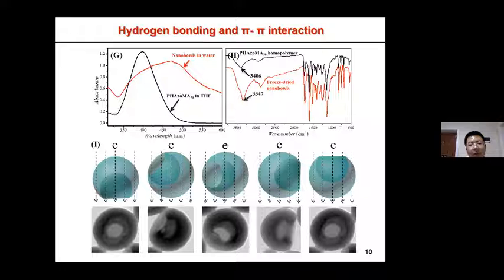And we also used UV absorption spectra and FTIR to determine the existence of hydrogen bonding and pi-pi interaction during self-assembly.